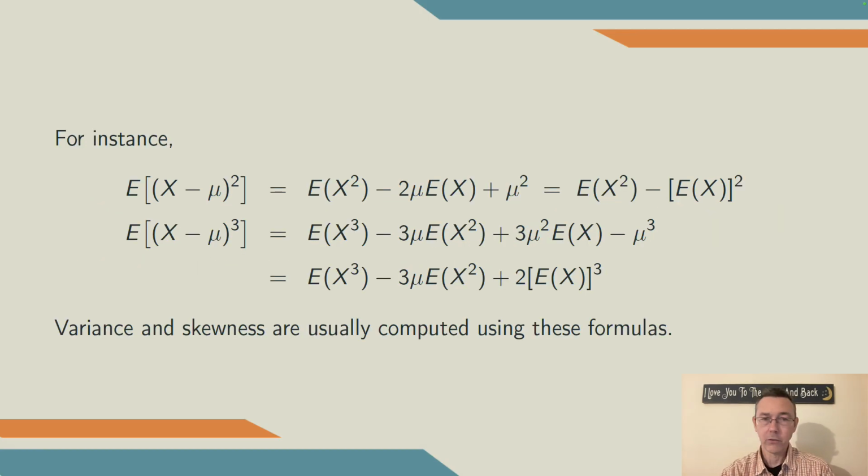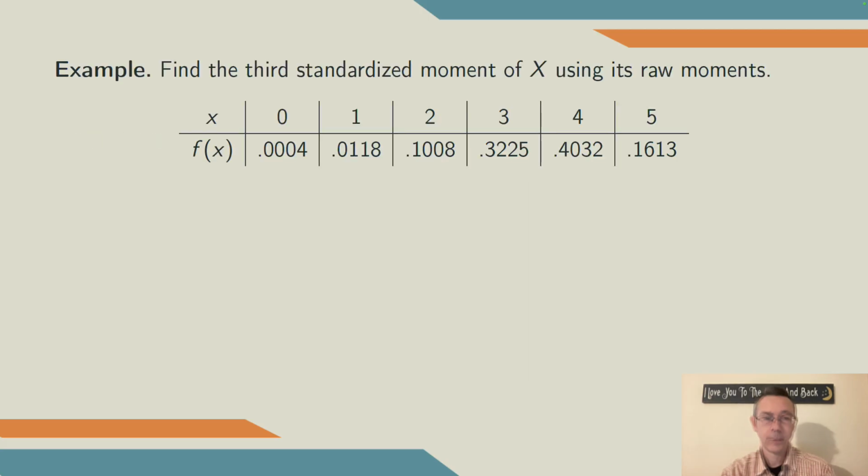So for instance, just looking at variance, the expected value of (x minus mu) squared, we can FOIL out that (x minus mu) squared and then break up that expected value into three pieces using the linearity of expectation to get the expected value of x squared minus the expected value of x, quantity squared. Similarly, we can do that for skewness, kurtosis, any higher order centralized moment that we're interested in.